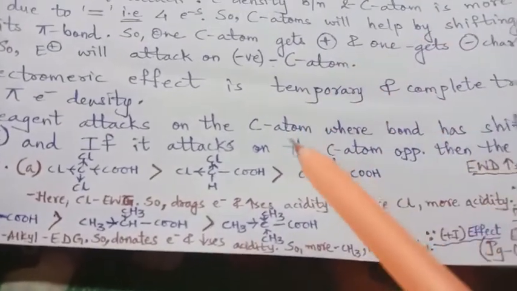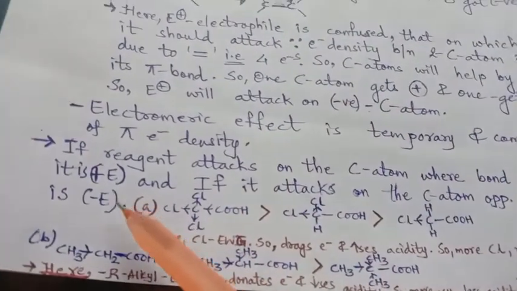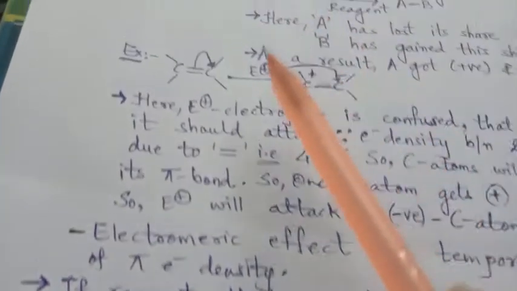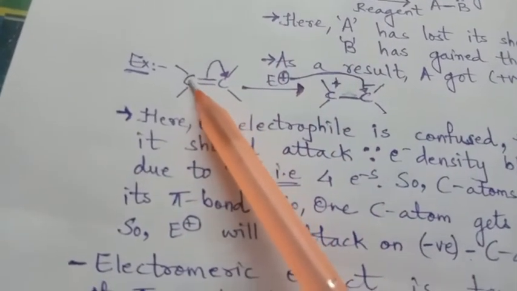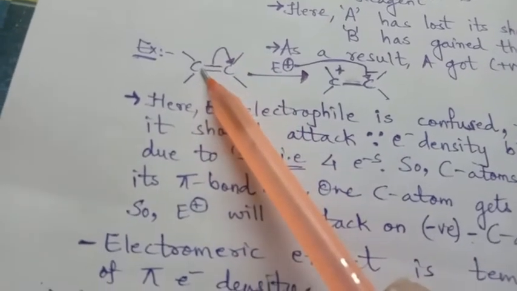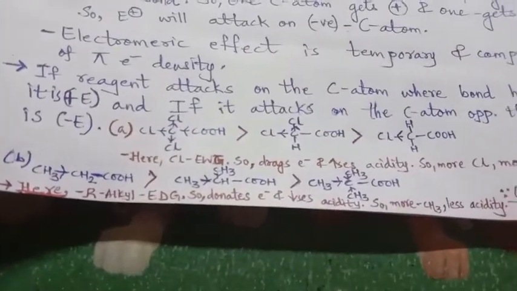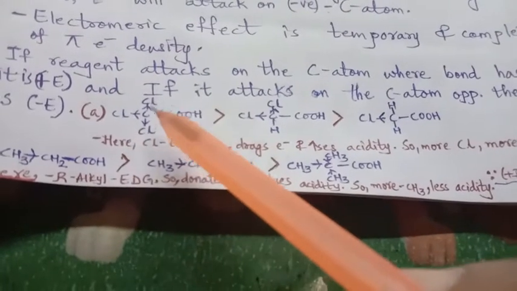And if it attacks on the carbon opposite to the shifted one, it is negative. Now if the electrophile had attacked on this carbon, because the bond is shifted here, so this is the opposite one, then it would be negative electromagnetic, right? So these were the 2 things asked, and here are the 2 examples.